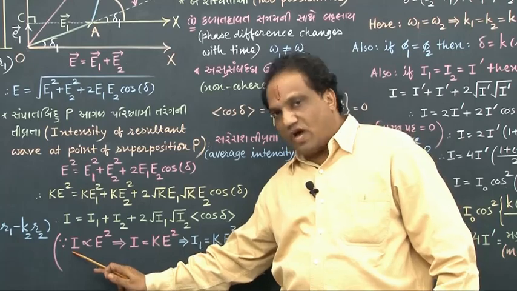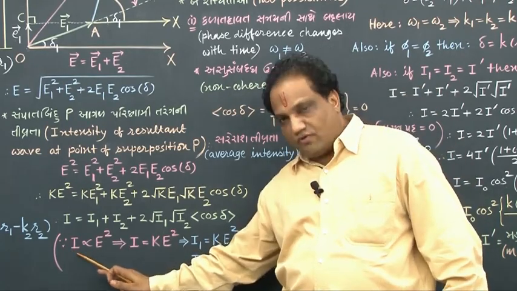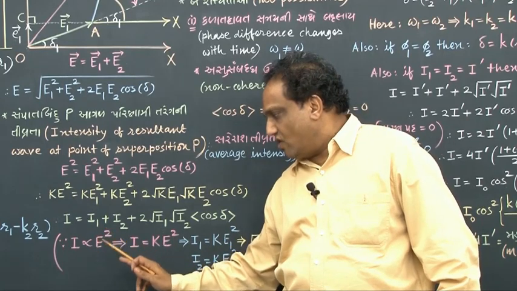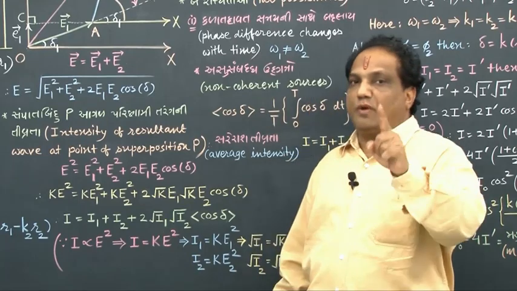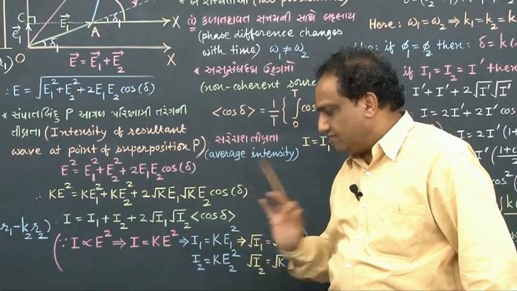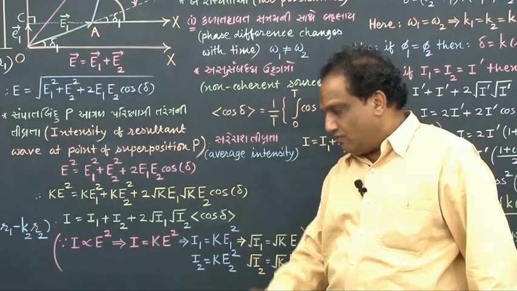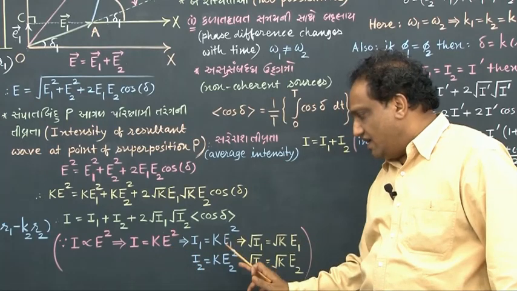If I write it by symbol I, then practically we find that the intensity of a wave is directly proportional to the square of its amplitude. Now remove the sign of proportionality and put proportionality constant capital K. So I equals K into E square, correct? Now for the first wave, instead of I you write I1, instead of E you write E1.